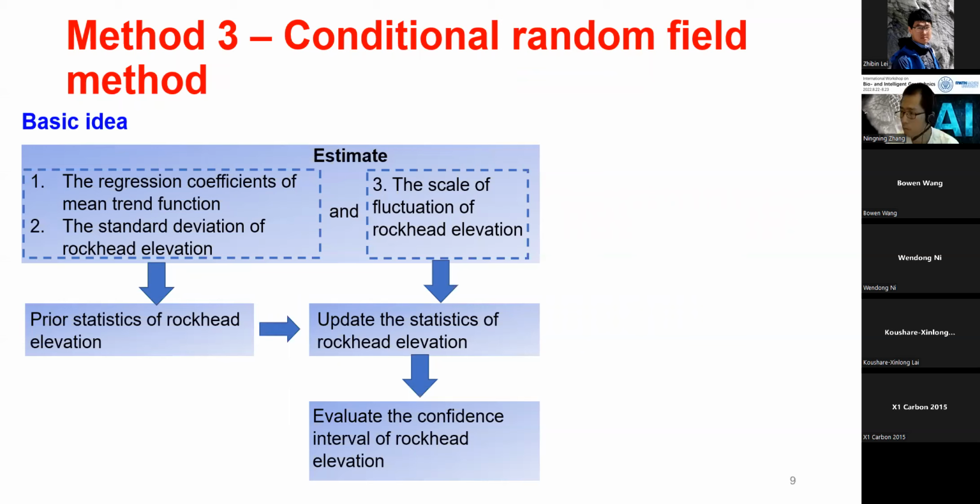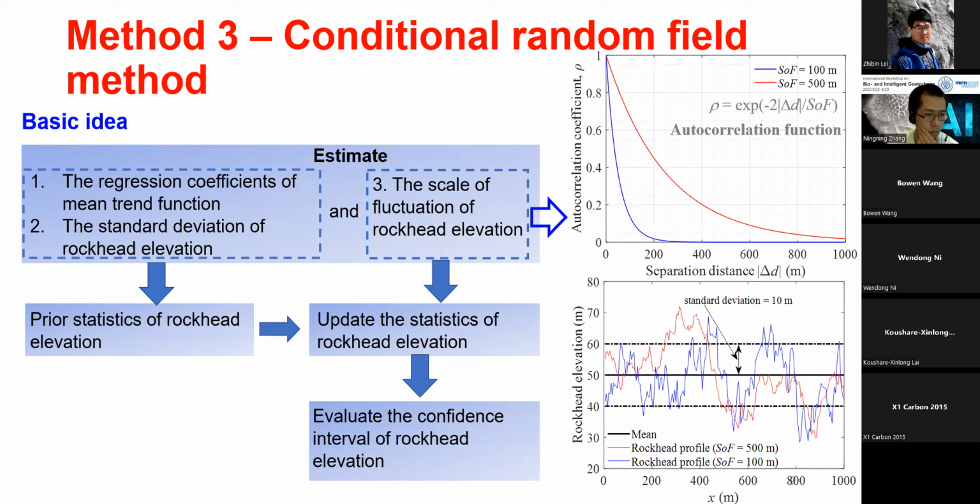And secondly, we need to use some spatial autocorrelation information to update the statistics of the rockhead elevations. This spatial autocorrelation information is denoted by the scale of fluctuation.